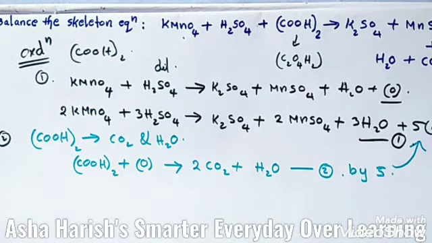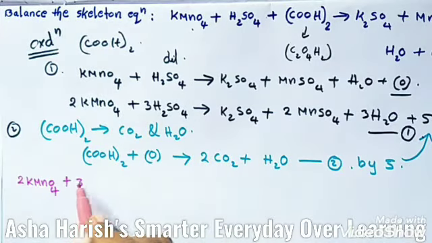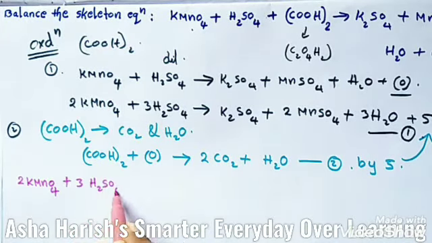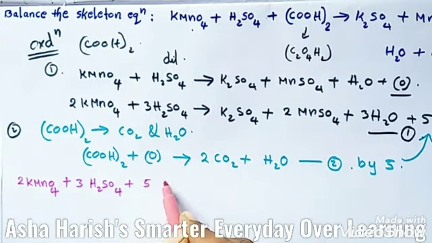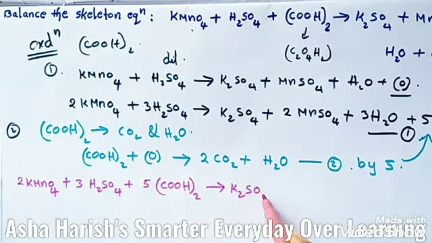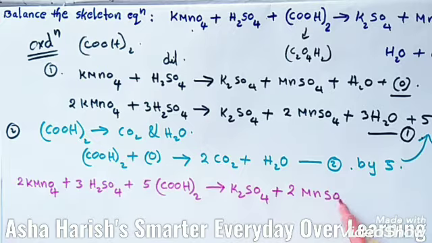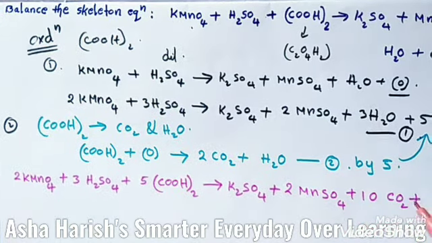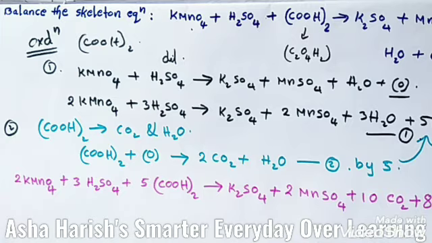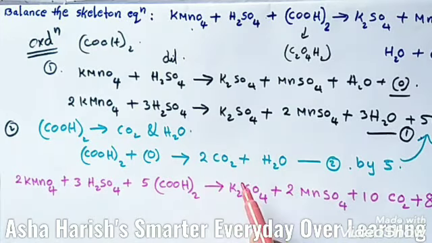Now we should get the final equation. 2 KMnO4 plus 3 H2SO4 plus 5 oxalic acid molecules, here COOH twice, gives rise to K2SO4 plus 2 MnSO4 plus 10 CO2 plus 8 H2O. This represents the balanced chemical equation for the above reaction.